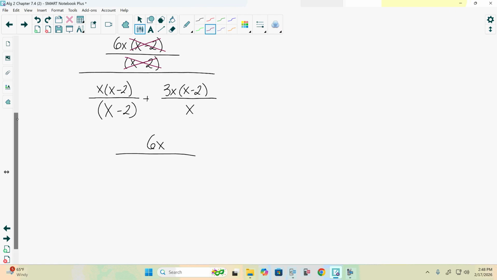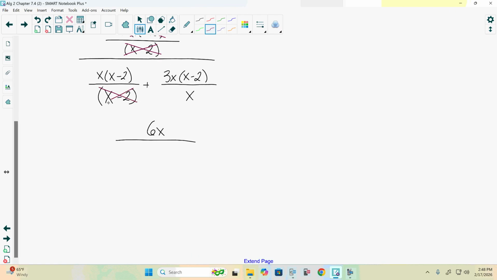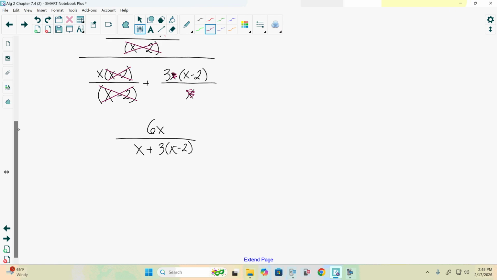First fraction on bottom, x minus 2 and x minus 2, leaving us with plus, because the x and x would cancel, leaving us with 3 times x minus 2. Now the reason we can simplify that x on top and bottom is because it's 3 times x times the expression x minus 2. That x is being multiplied. So we can simplify on top and bottom.